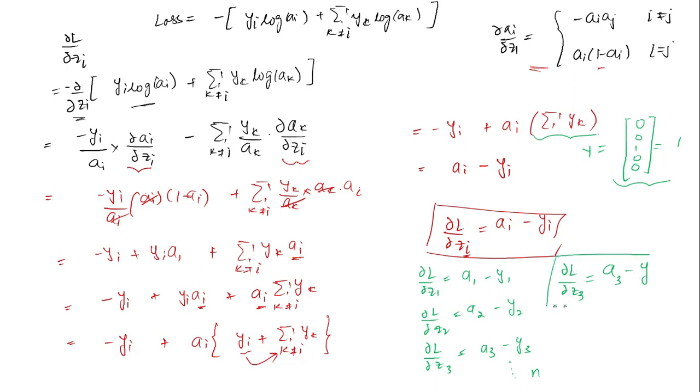And this would be our final dZ3 for one observation. And for all the observations, we can write this del cost by del Z3 as capital A3 minus capital Y. And this will be our final capital dZ3.